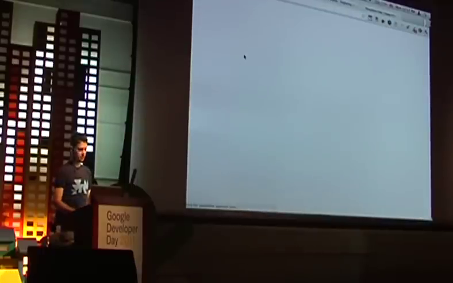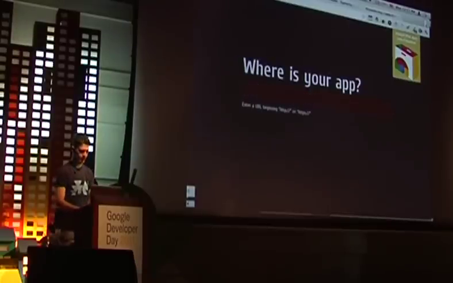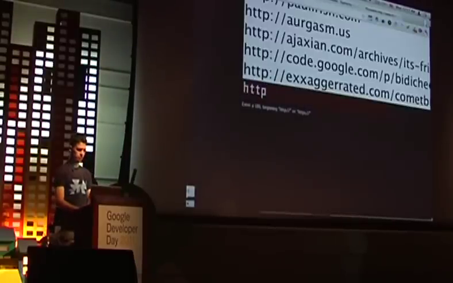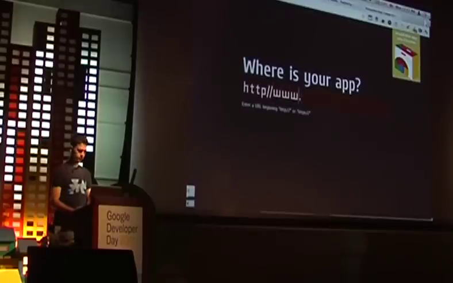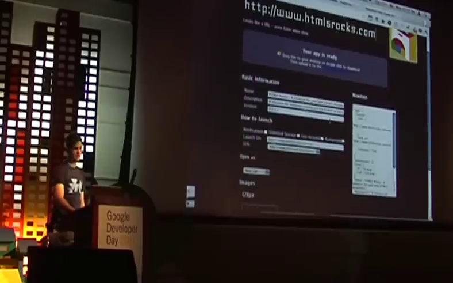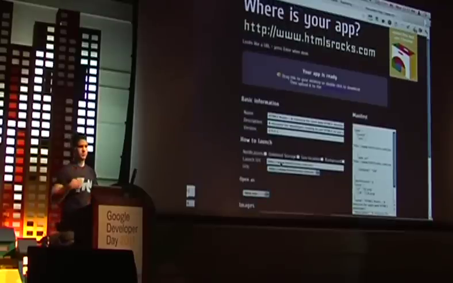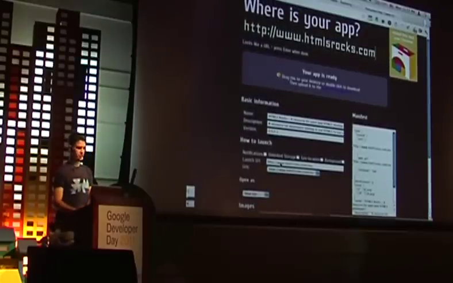So you just come here, load this page, wait for the web fonts, and then you just say where your app is. And I'm like, it's at HTML5rocks.com, and just fill out a few more things, and then you're basically good to go. And it helps you set up adding it to the Chrome Web Store, so you can get that in the Chrome Web Store in under 5 minutes.